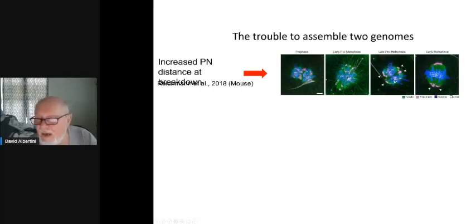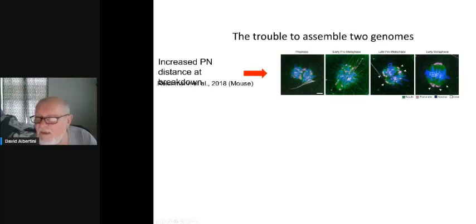And when these were mapped for Y chromosome distribution, the little spots are the centromeres on each of the chromosomes. It was found that one of these spindles had all the male chromosomes and one of them had all the female chromosomes. So you can imagine here building a zygotic spindle.